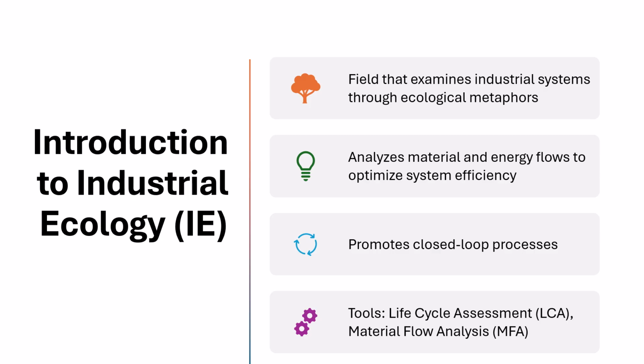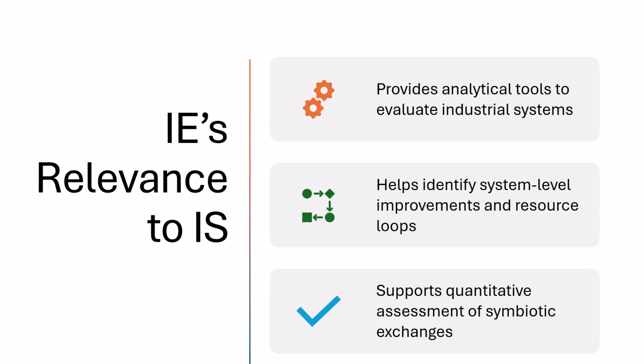So everything is being reused. And the tools are life cycle assessment and material flow analysis. So you know that the material will be reused, the life cycle of all those components can be recycled, and it's assessed. So it is not wasted.